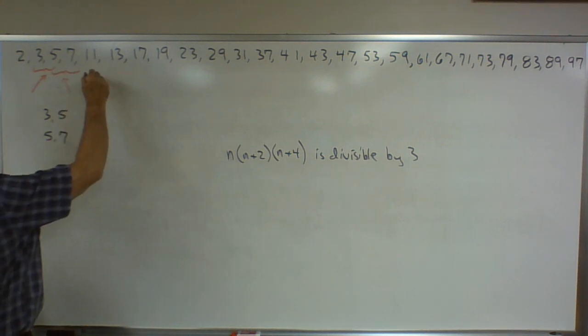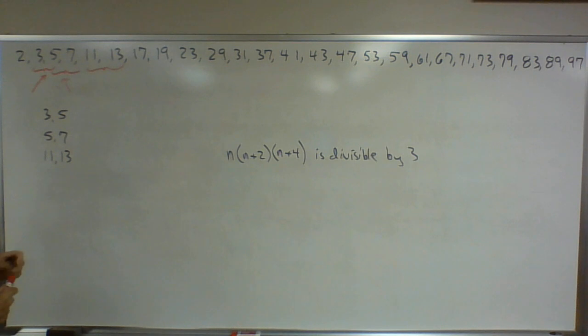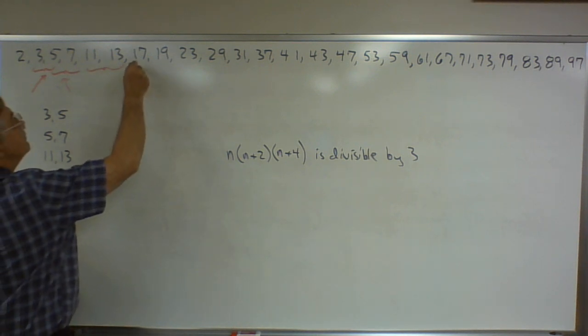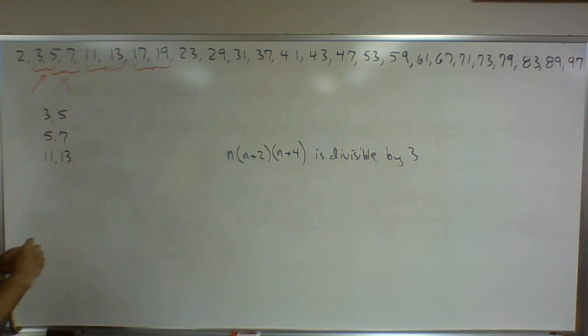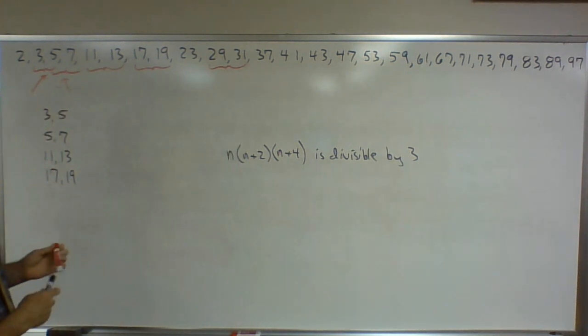It happens again right here. 2 consecutive odd numbers, both of which are prime. It happens here too. 17 and 19, 2 consecutive odd numbers, both of which are prime. 29 and 31, it happens again.